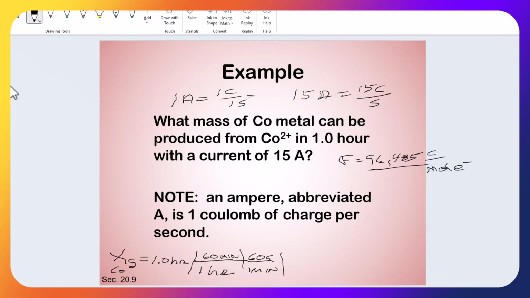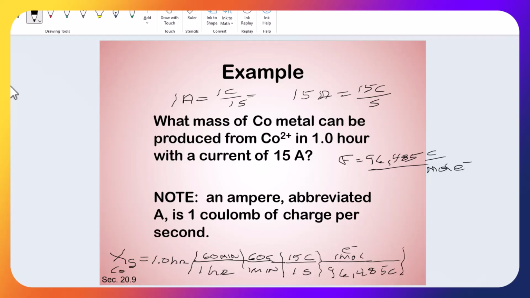Now comes your amperage in coulombs. Every 1 second is equal to, in this particular case, 15 coulombs, because remember, 15 amps is 15 coulombs per second. And then Faraday's constant, 96,485 coulombs for every 1 mole of electrons.